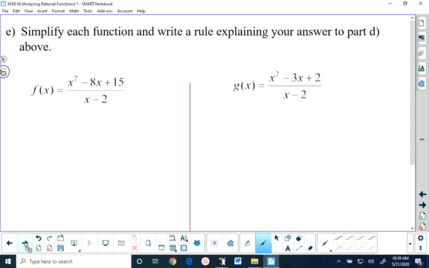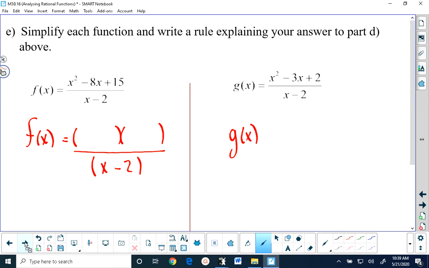So this is where we learn how we can figure out whether it's going to be a vertical asymptote or a hole. Well, when you simplify a rational expression, that involves factoring first. This goes back to Math 20. Everything about rational expressions is accomplished by factoring. And it turns out that each of these numerators is factorable.